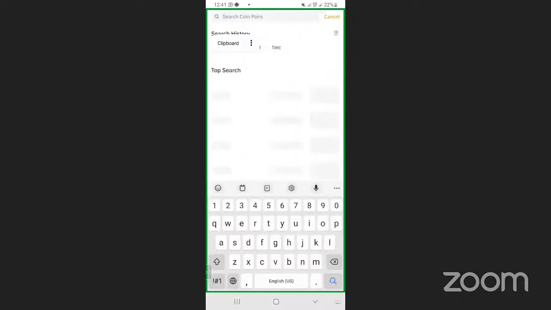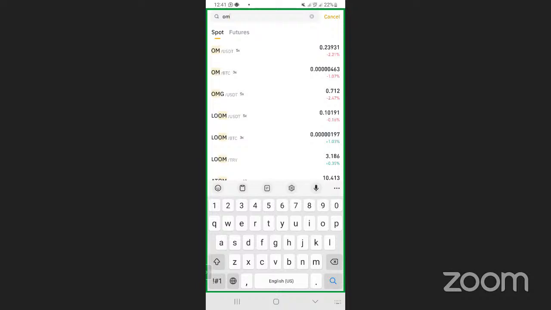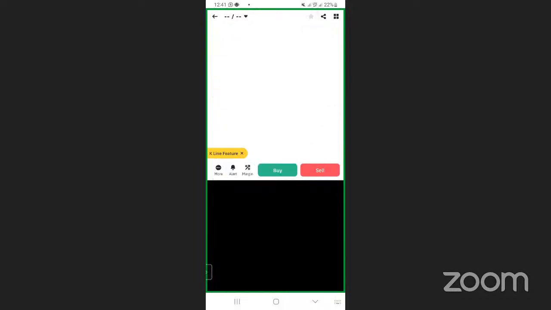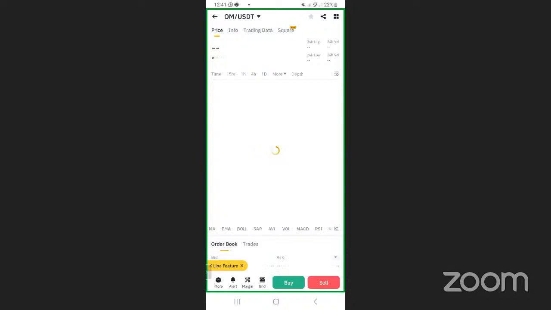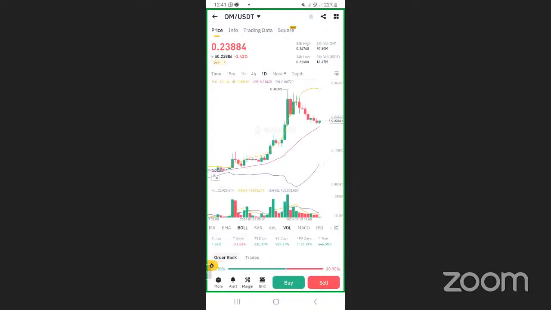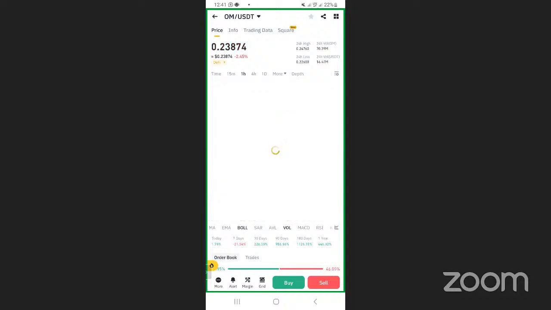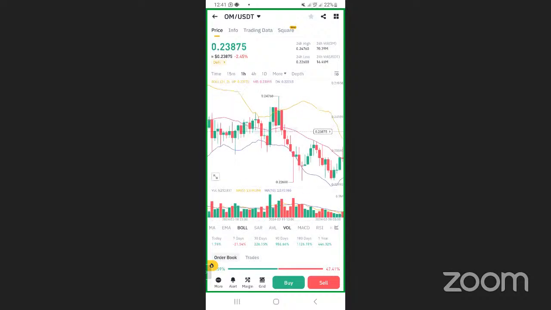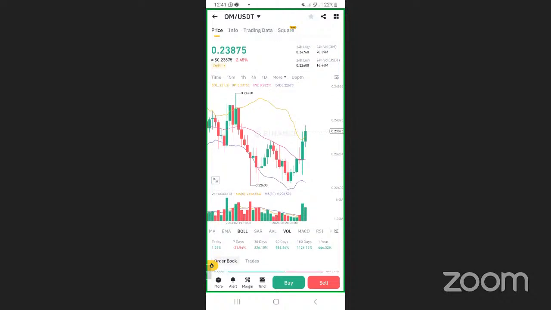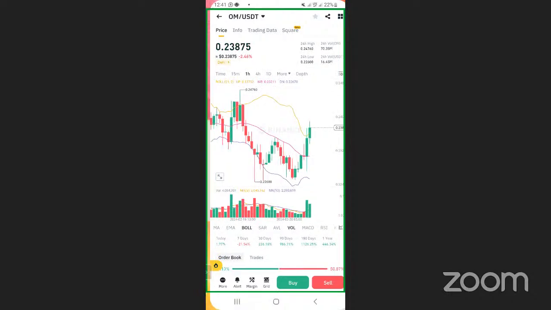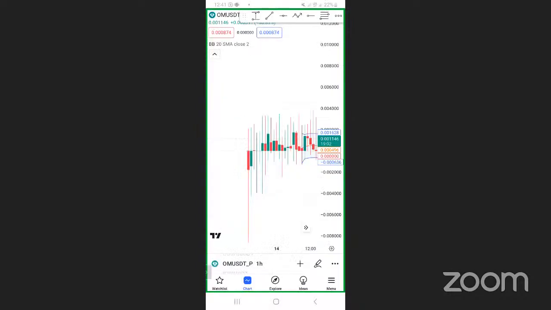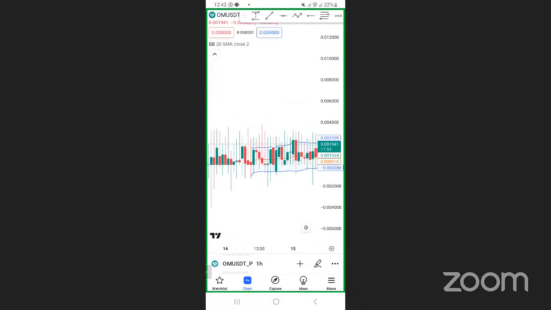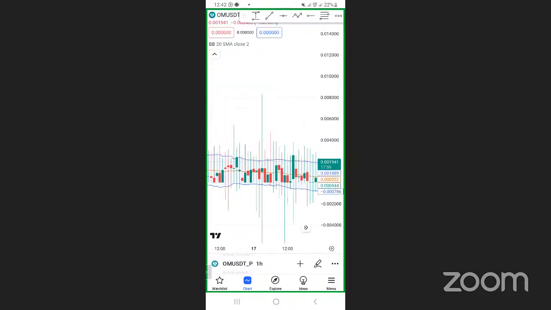OM USDT. It has $16 million. Then why are the candles looking awkward? At this point, you see that the candles are good. Then why is mine on TradingView showing that they are awkward?